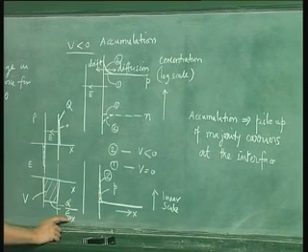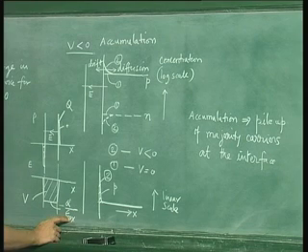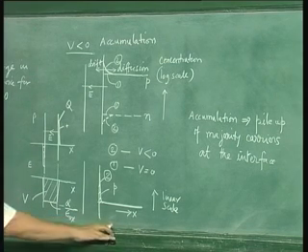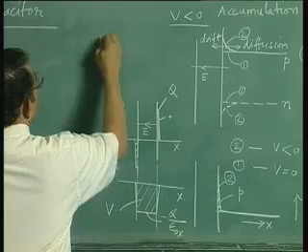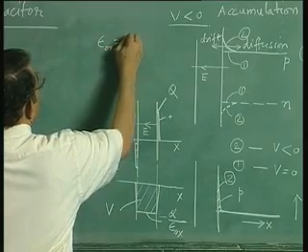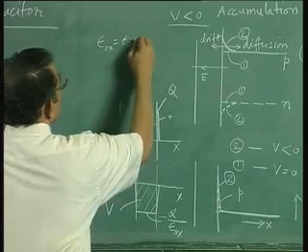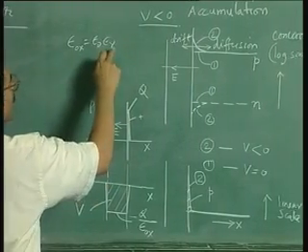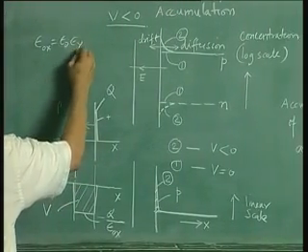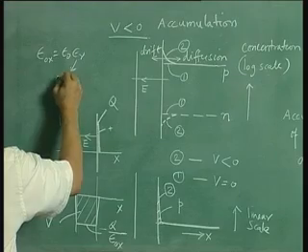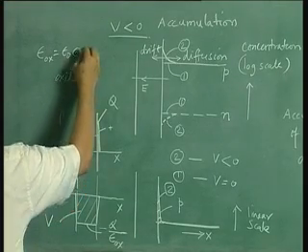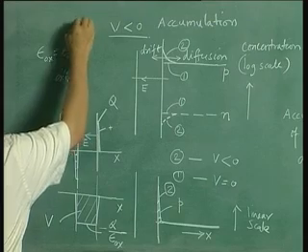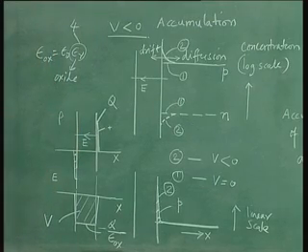This permittivity epsilon ox is nothing but epsilon naught into epsilon r of the oxide, silicon dioxide. Generally the value of this is about 4 if the oxide quality is good.